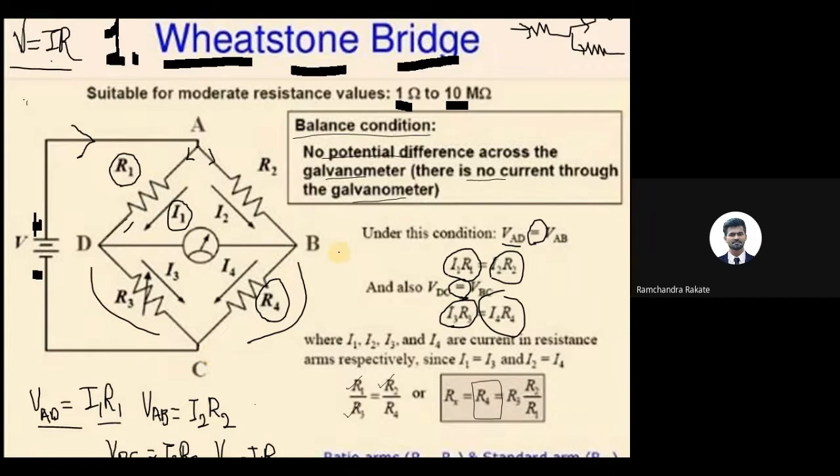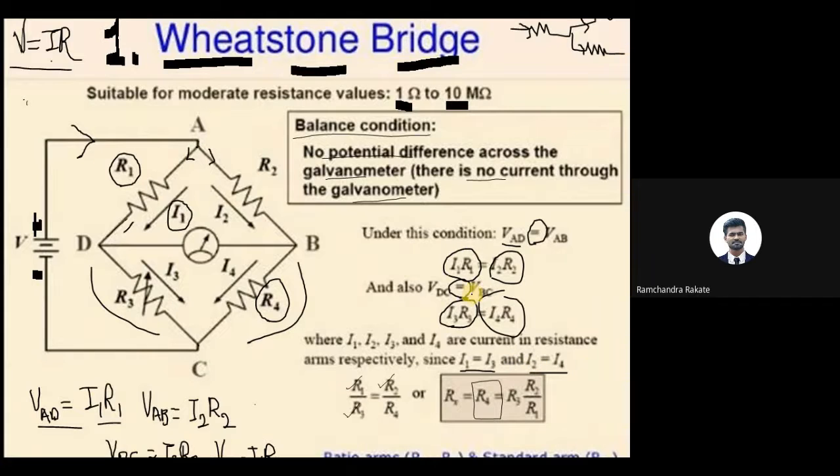So we will derive one equation that I1 is equal to I3 and I2 is equal to I4. That means the amount of current flowing through I2 is the same as the amount of current flowing through I4, because I2 and R4 are in series. I1, R1 and R3 also are in series. So we will write the equation for I1 and I3, and I2 and I4.